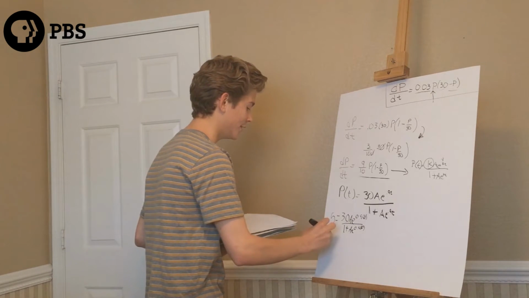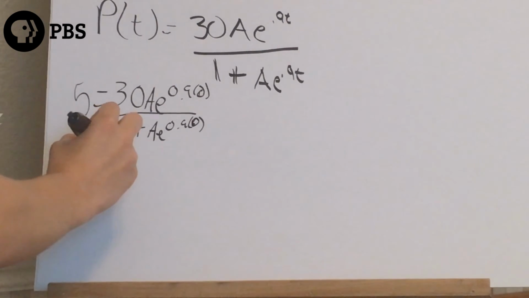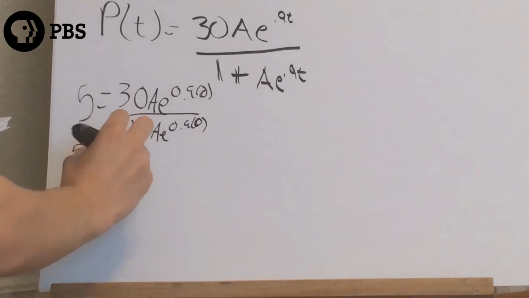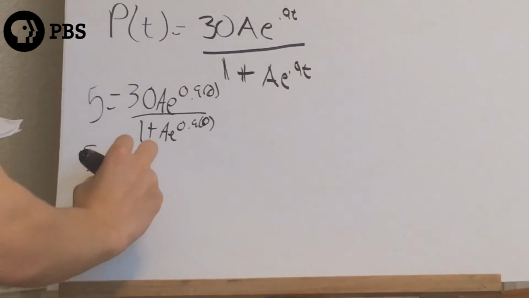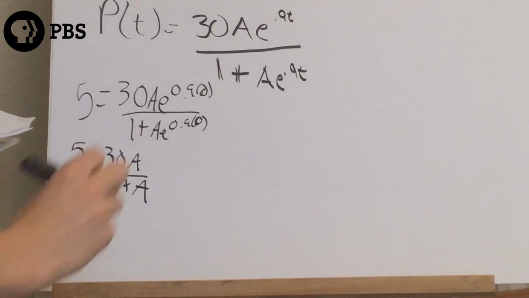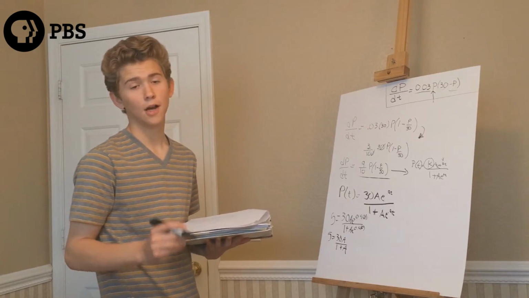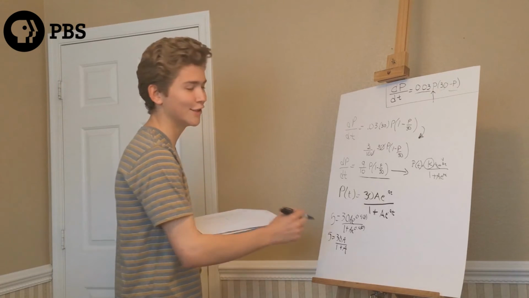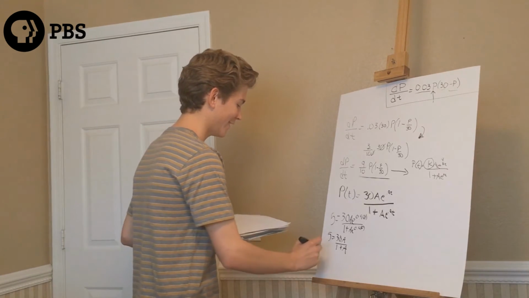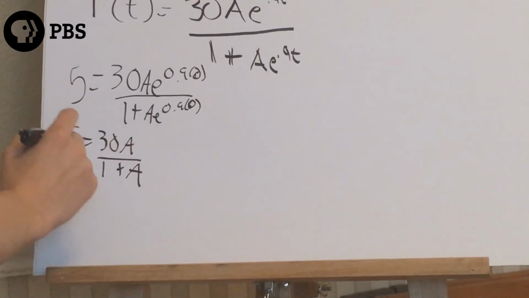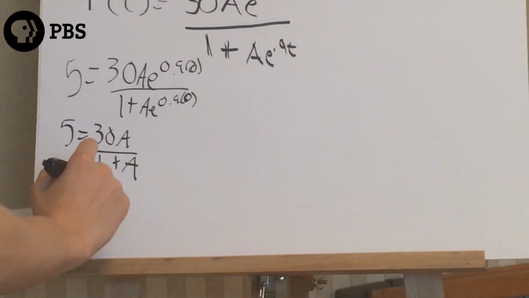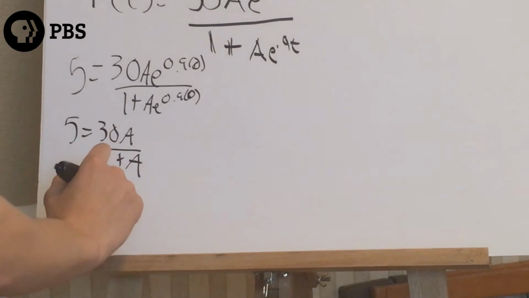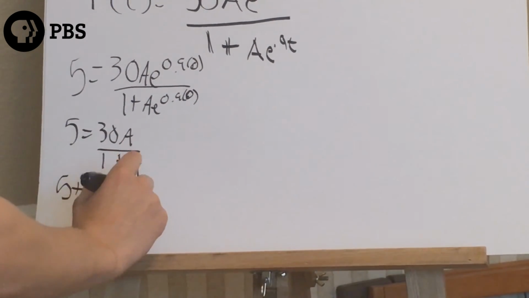So this simplifies to 5 equals 30A over 1 plus A. Now, all we're going to do here is solve for A. Cross multiply. 1 plus A times 5, you get 5 plus 5A equals 30A.